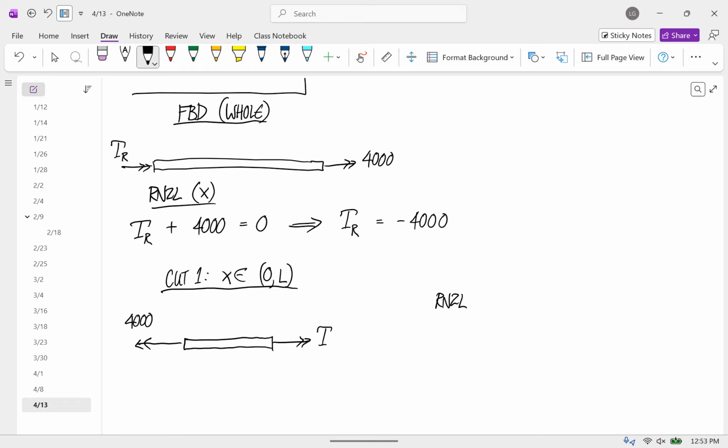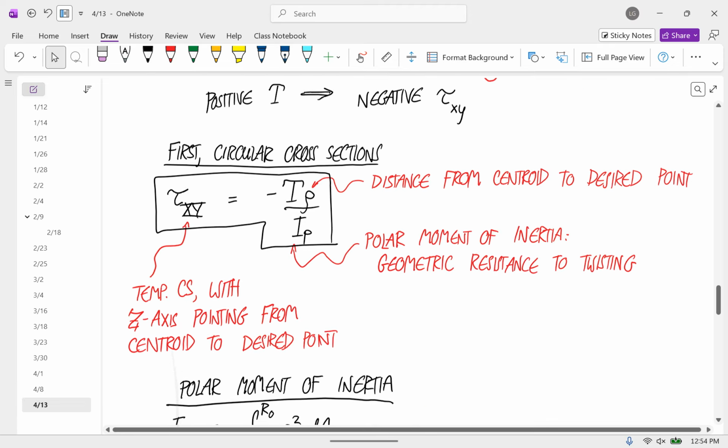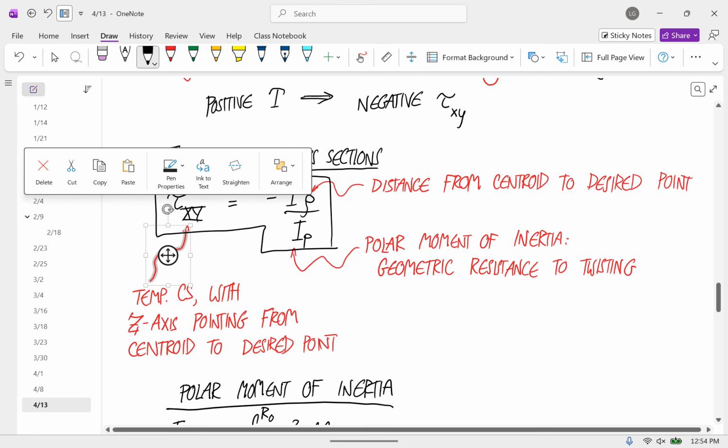Rotational Newton's second law about the x-axis says negative 4,000 plus t is equal to 0. So the internal torque is positive 4,000. And this internal torque is what we're going to use in the boxed calculation here.